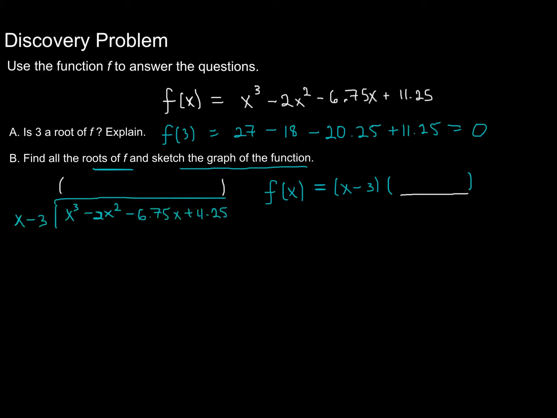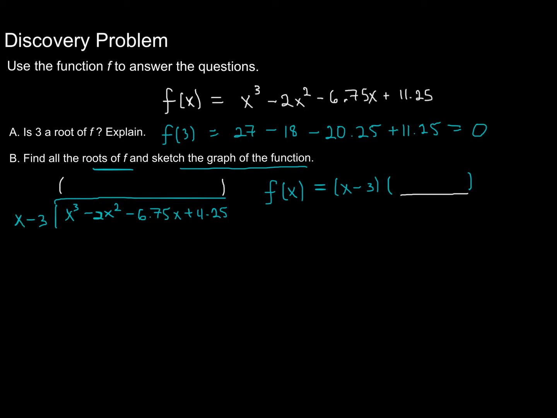All right, so here I've set up my division, and notice that this missing piece here is what I'm going to be looking for, right? When I go through my division algorithm, what I'm asking myself is, what must I multiply x minus 3 by in order to get my original function back? And that's what we want to find. So I'll go through the first step slowly and then fast forward.